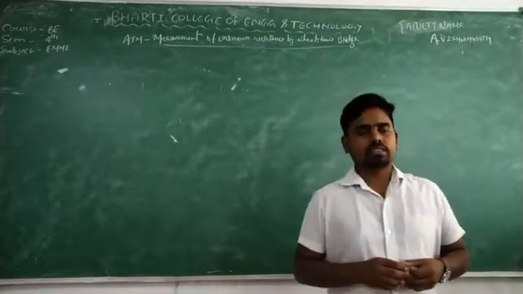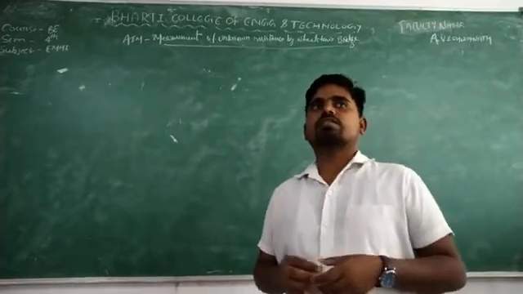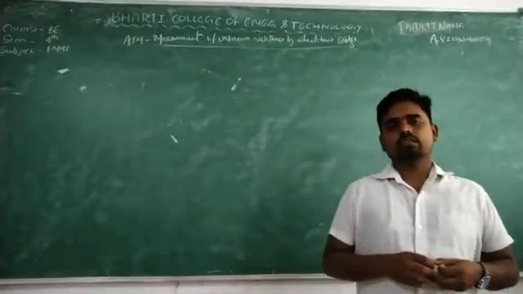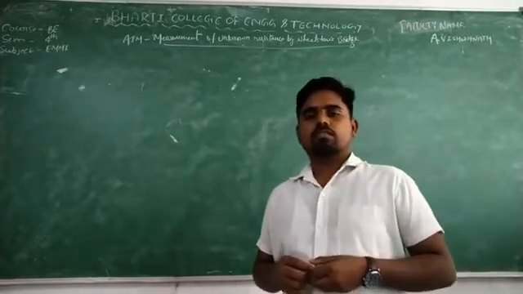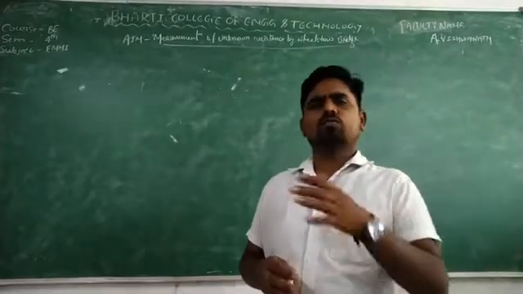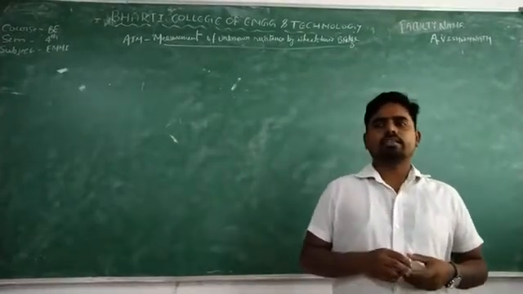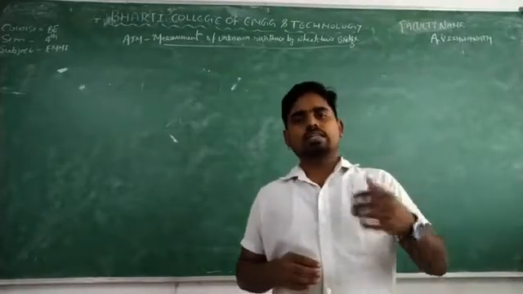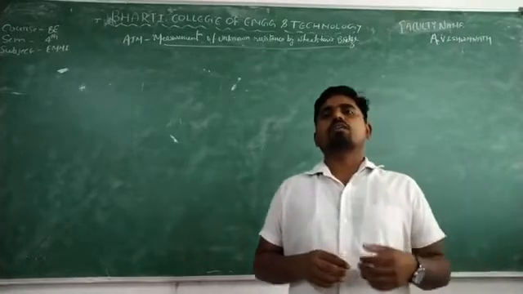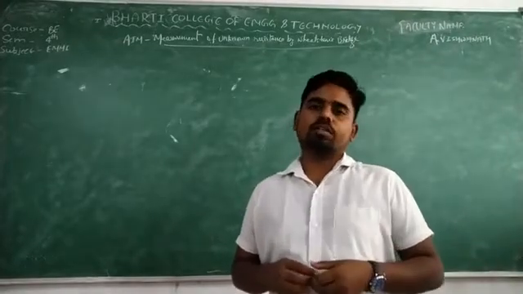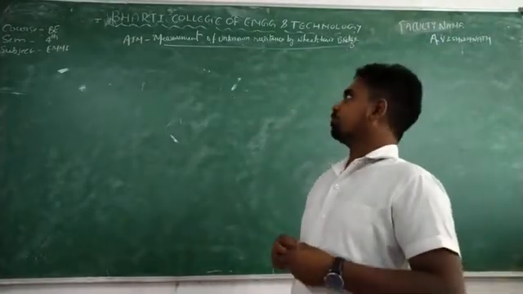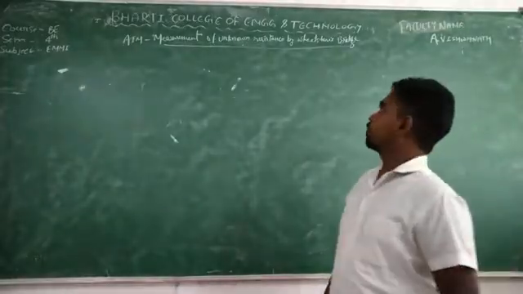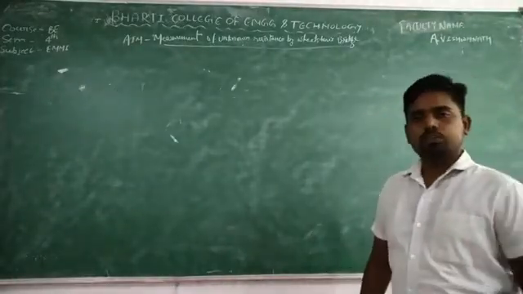Medium resistance is one which comes from 1 ohm to 0.1 mega ohm, and the high resistance is one in which the range of the resistance is more than 0.1 mega ohm.